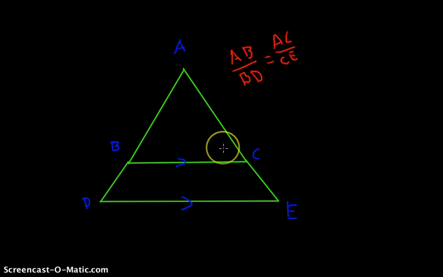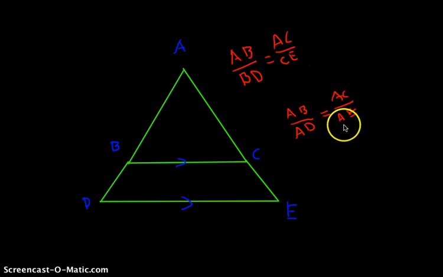So, since we have that BC is parallel to DE, you can figure out that triangle ADE, the big triangle there, is similar to triangle ABC because of AA similarity, because this angle is equal to this angle, and this angle is equal to this angle. And so you can say that AB over AD is equal to AC over AE.